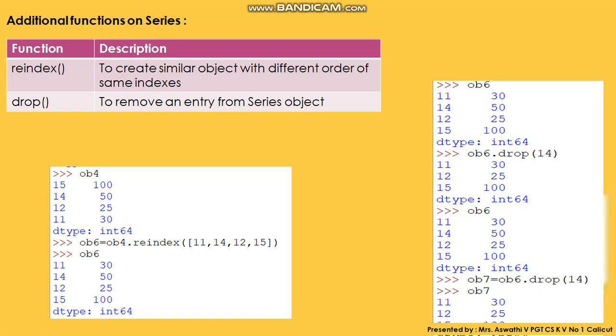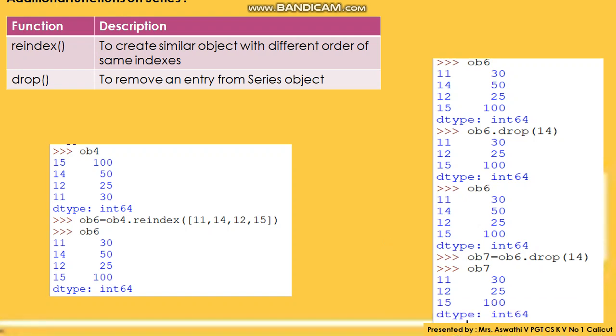If I want it to be saved, then I should give OB7 is equal to OB6 dot drop of 14. Now if I print OB7, 14 is not there. If you want OB6 itself to be changed, then you have to give OB6 is equal to OB6 dot drop of 14. Hope these four functions are clear: sort values, sort index, reindex, and drop.